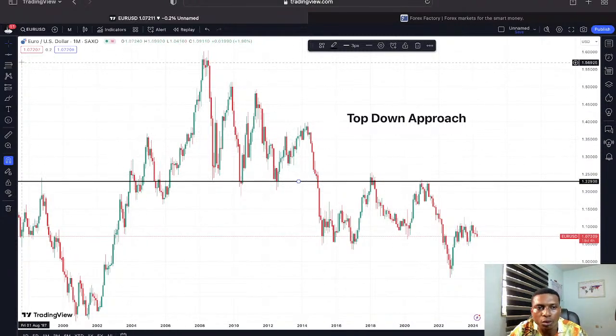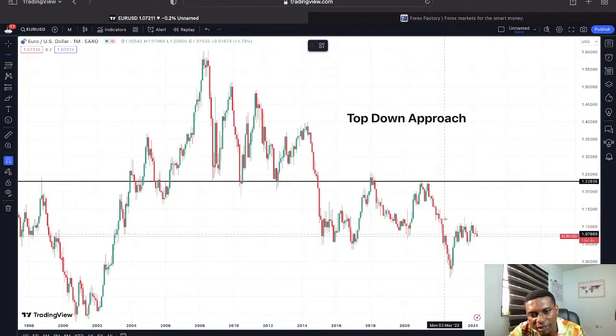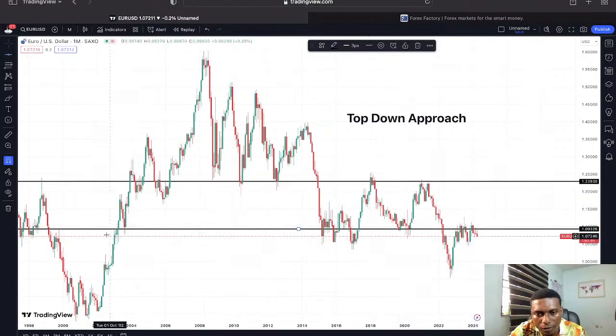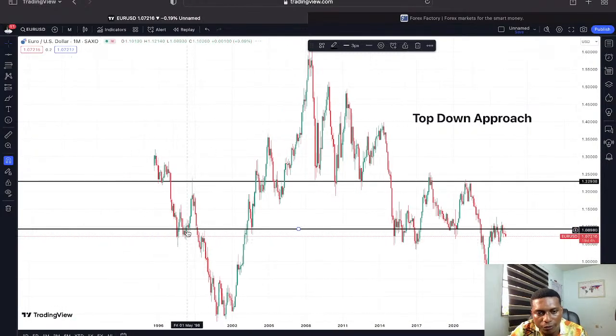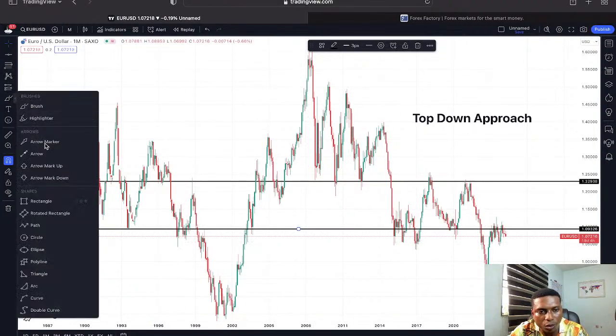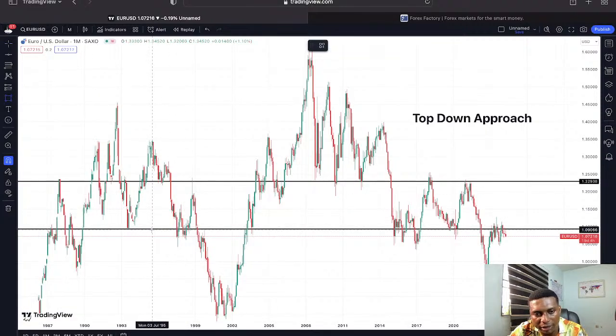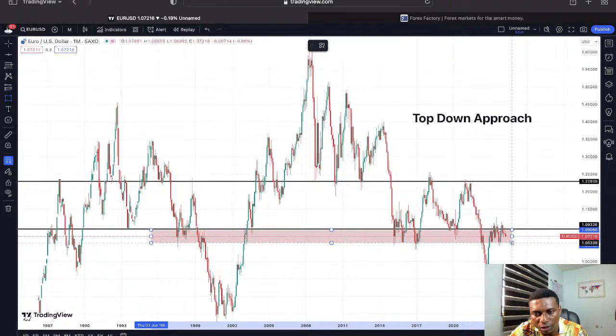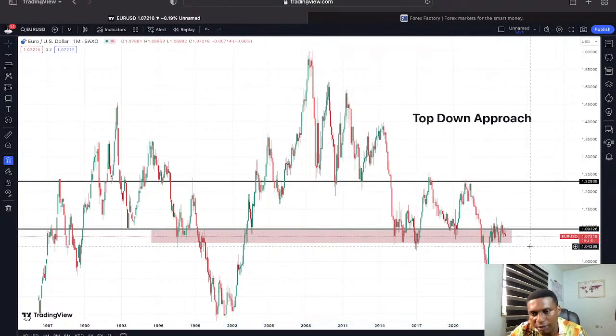All right, so now where is the current level where price is currently on? We are looking at this level. We can also see that there is some form of consolidation support zone within this region where price is currently at.